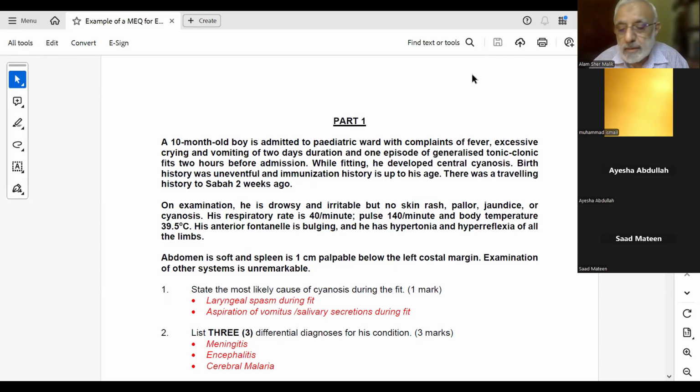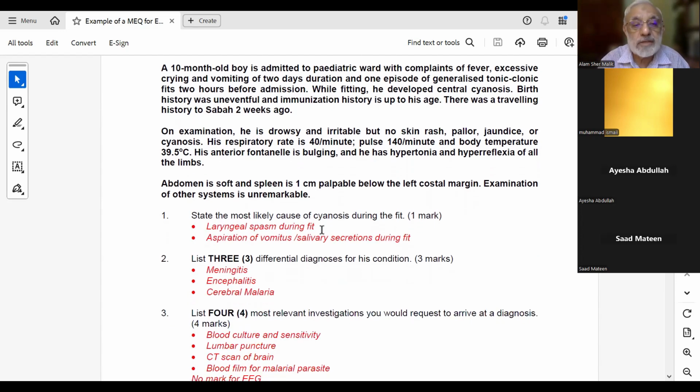Right. So a modified essay question usually consists of multiple parts, maybe 3 to 5 parts, and they start with a scenario. Let's say this is part 1. I give an example: a 10-month-old boy is admitted to the pediatric ward with complaints of fever, excessive crying, and vomiting for 2 days duration. So we give the whole story, and then we give the positive findings, and then we ask the questions.